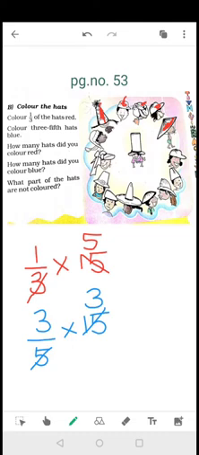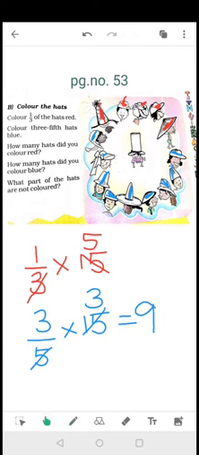Then 3 3s are 9, and we have to color 9 hats in blue color. 1, 2, 3, 4, 5, 6, 7, 8 and 9 hats.